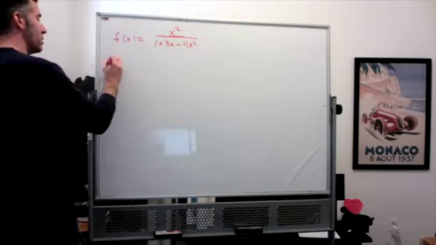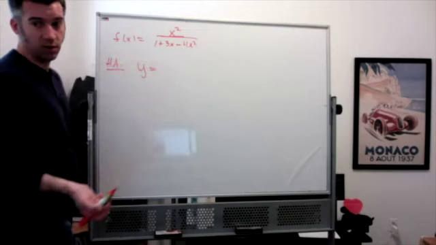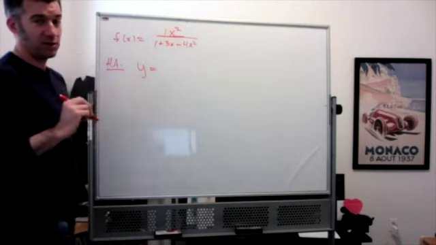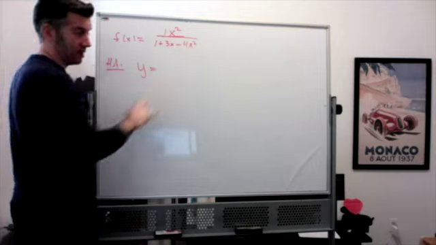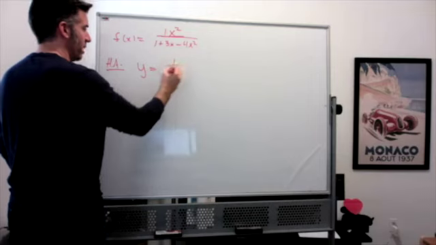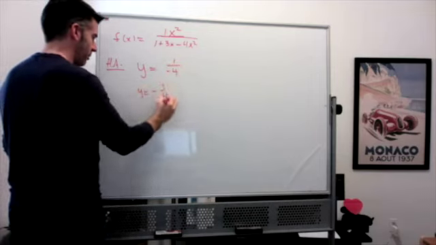So this has a horizontal asymptote of y equal to, let's see, the leading coefficient on the top is 1. The leading coefficient on the bottom is -4, because the highest power is x to the second, and its coefficient is -4. So here the horizontal asymptote would be 1 over -4, or I would probably write it as -1/4.